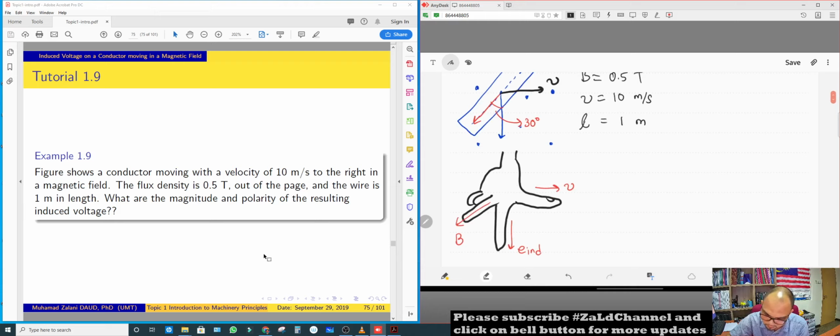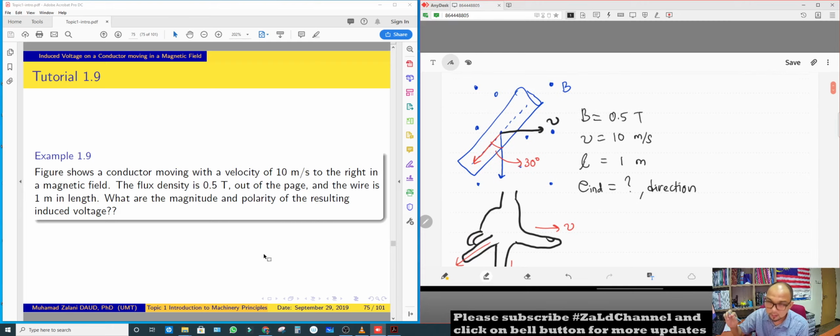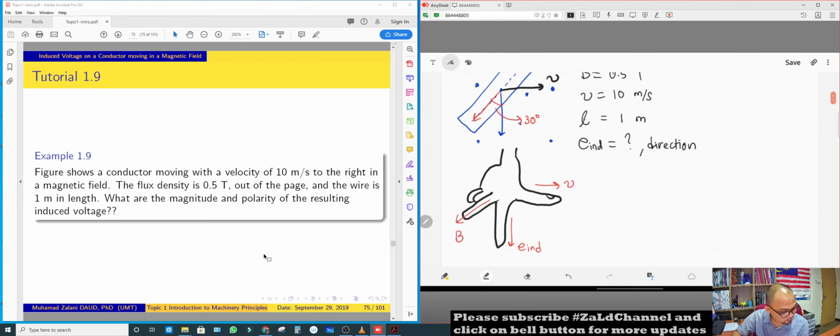So we want to find induced voltage. What is the magnitude of the induced voltage and also direction? All right. So very similar to the previous question, we want to find the induced voltage. In this case, we can just use the formula of E in equals to V cross B L, right?